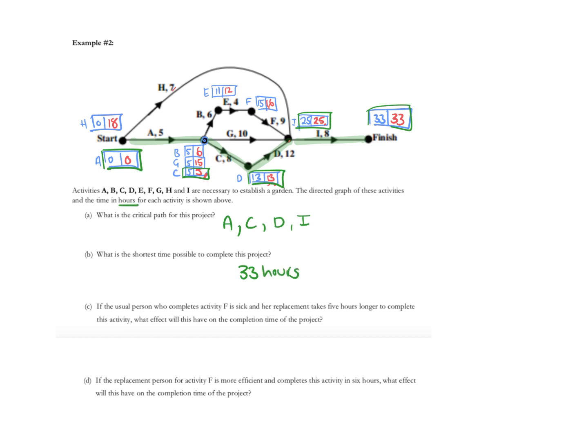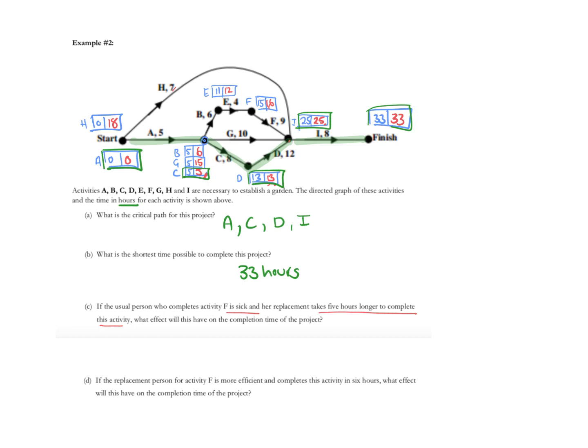Okay. It said if the usual person who completes activity F is sick and her replacement takes 5 hours longer to complete this activity, what effect will this have on the project?